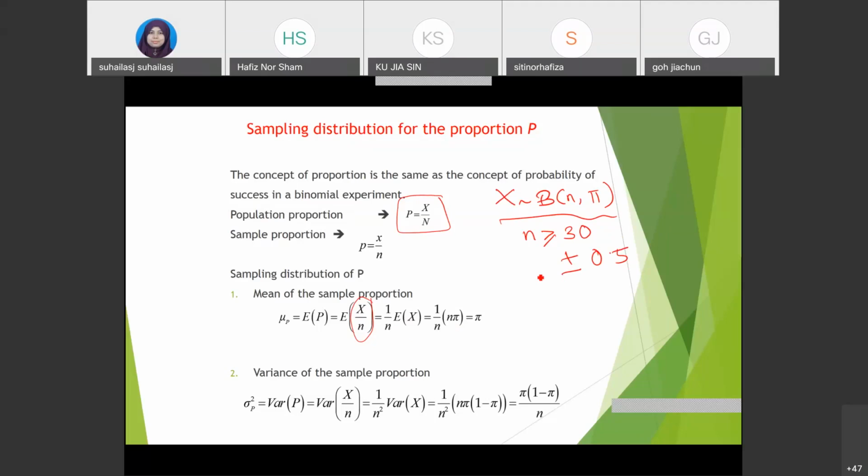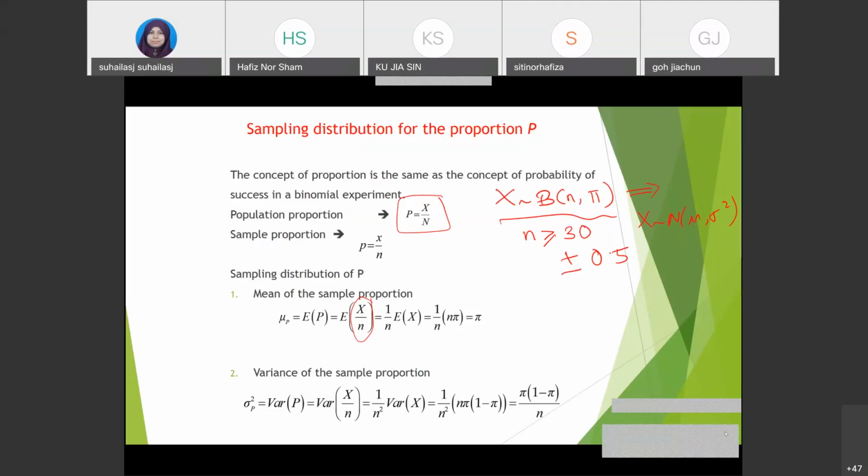When N is larger than 30, the values of N greater than 30 are not provided in your stats table, so we need to approximate. We change X to a normal distribution, with mu and sigma square.